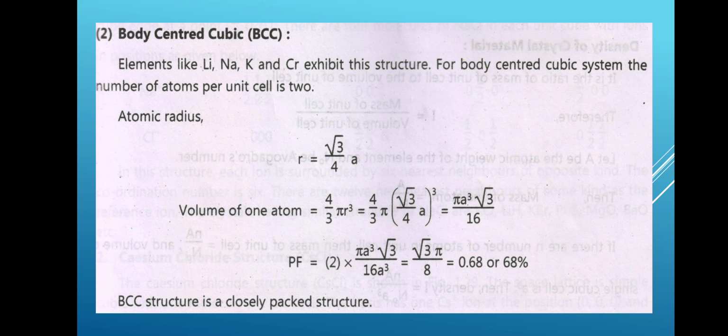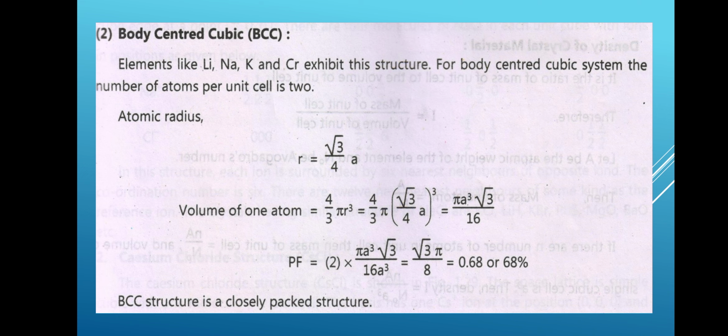Atomic radius r is equal to root 3 by 4 into a. Now volume of one atom is equal to 4 by 3 pi r cube, that means 4 by 3 pi into root 3 by 4 into a cube, equal to pi a cube root 3 by 16.